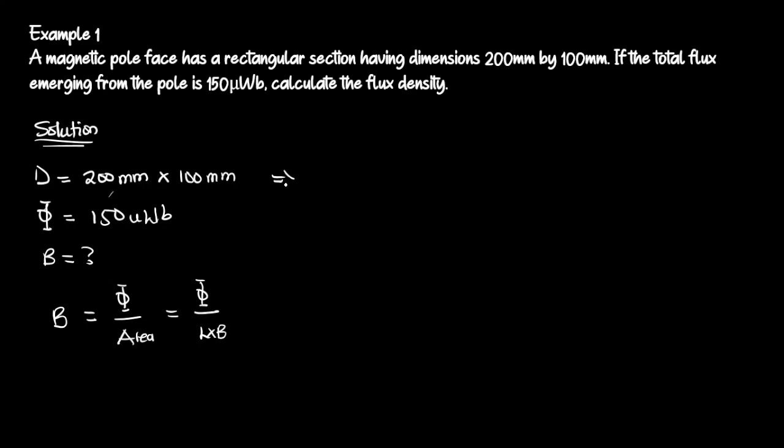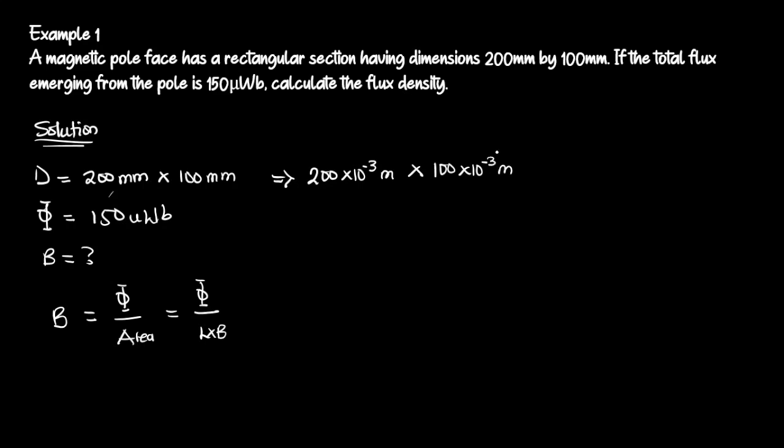So the first thing I have to do is to convert the dimensions from millimeters to meters. To do that, the milli here is times 10 raised to the power minus 3. So I have 200 times 10 raised to the power minus 3 meters for the first dimension, and then the second one will be 100 times 10 raised to the power minus 3 meters.